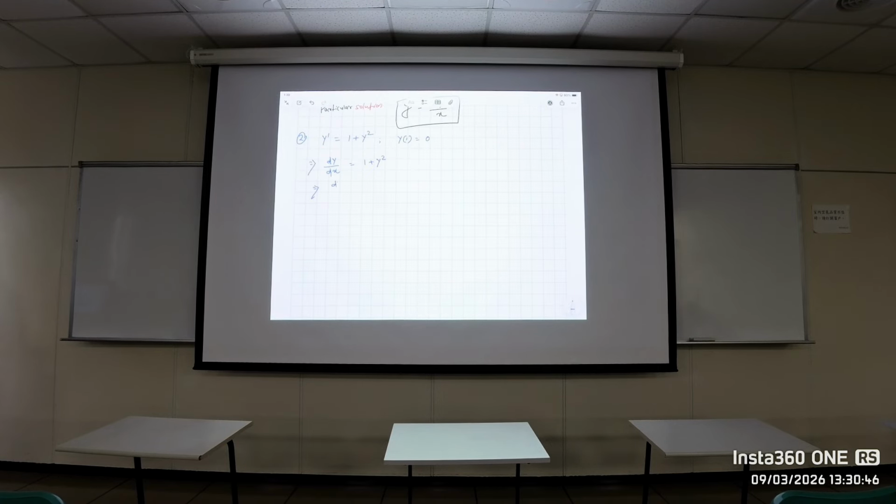That implies dy by 1 plus y square is equal to dx. If I integrate both sides, I will get how much? ln, no, not ln, arctan or tan inverse y is equal to x plus c.